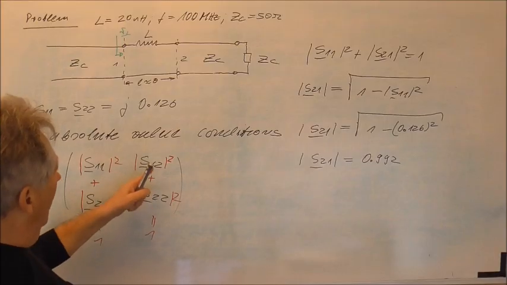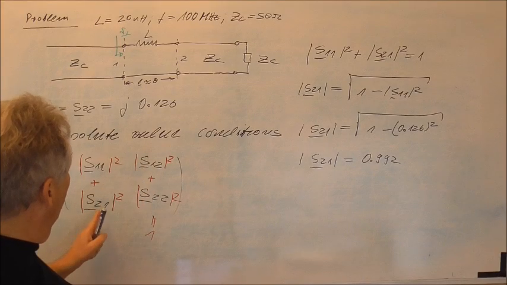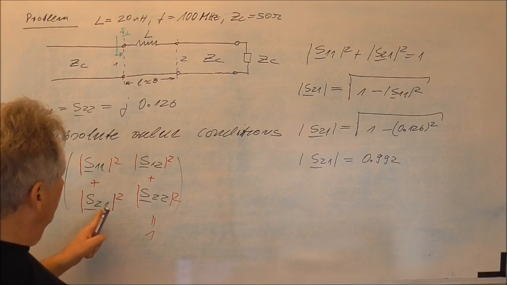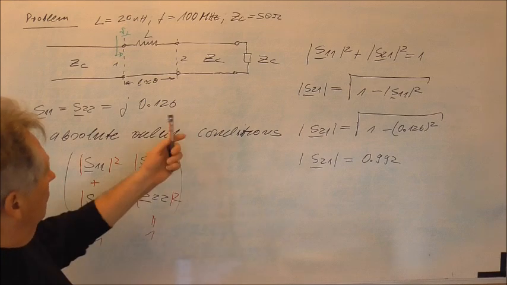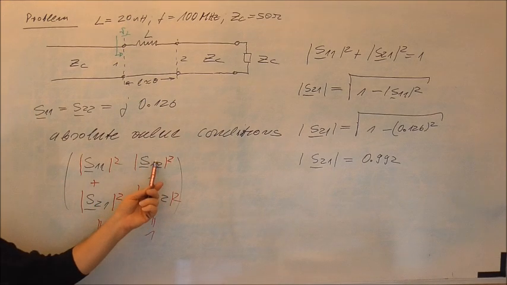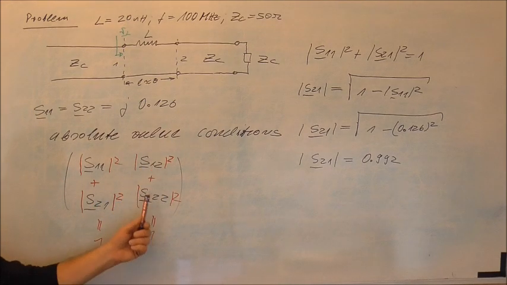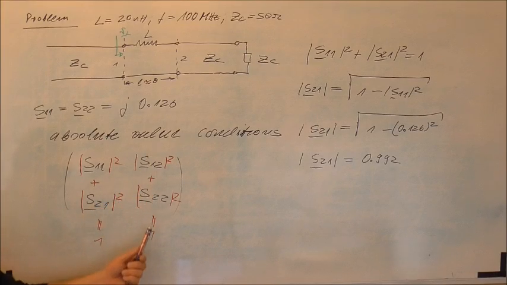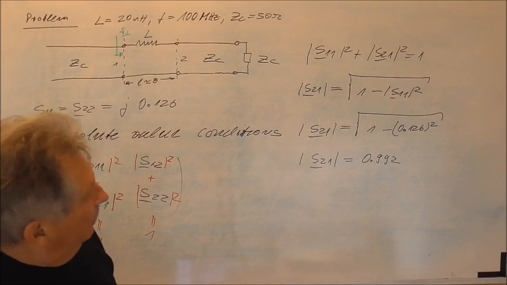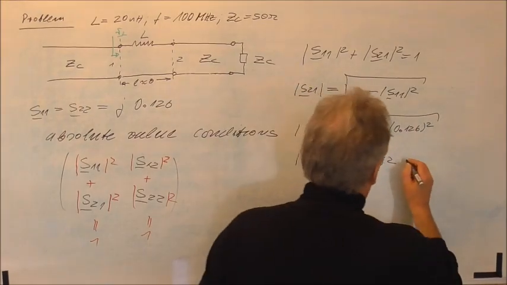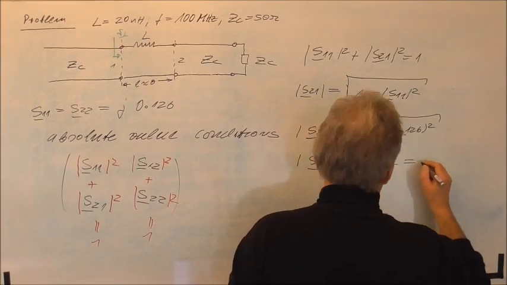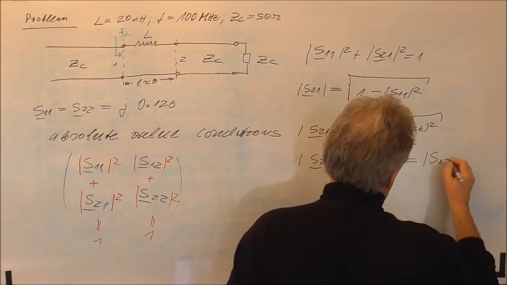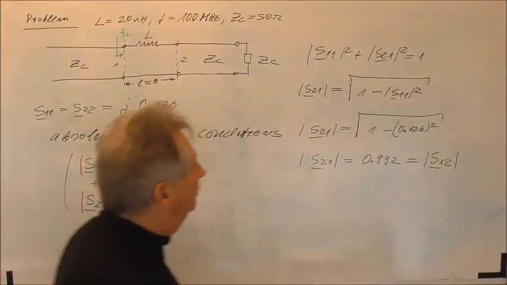This means S12 is always equal to S21. But also you could see here, according to the absolute value condition, since S22 is the same as S11, they are both the same. So we see also here that this is equal to the absolute value of S12.